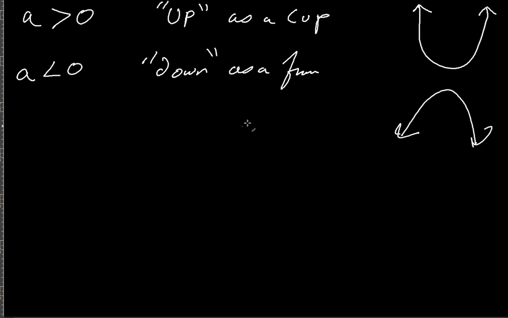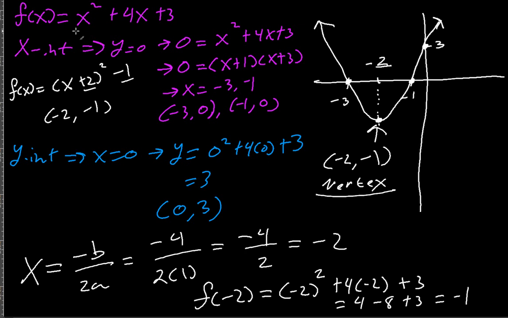So this is what we call upward and downward, all right? Now in our example, we had a 1 there, so our A is 1, and that's positive, so we knew it was upward. So this is just giving you an idea of why we might use this and how it's very helpful if it's written in this way.